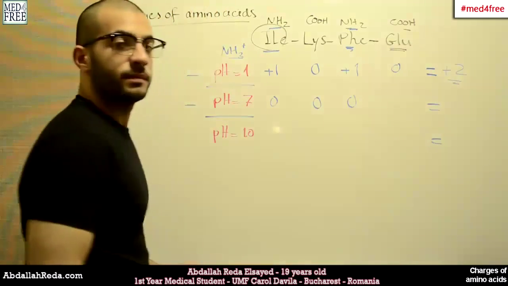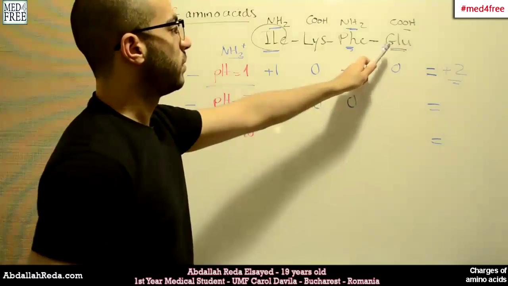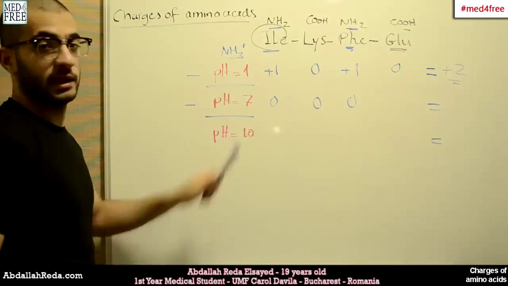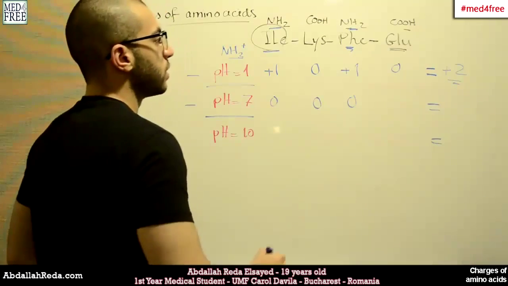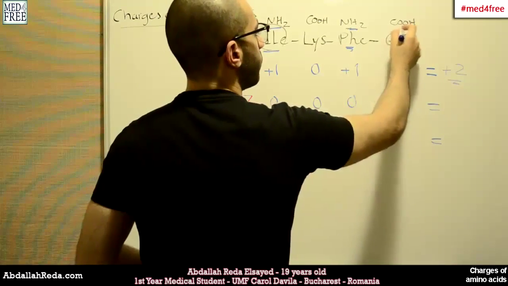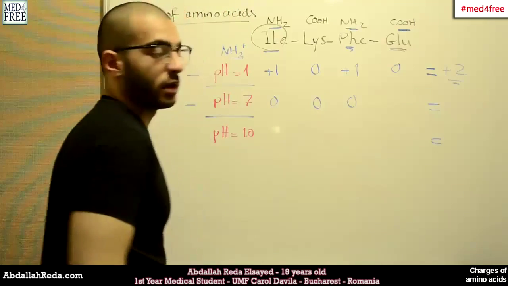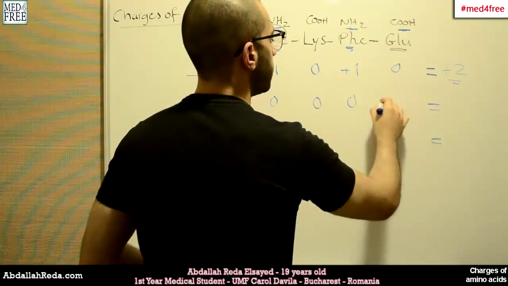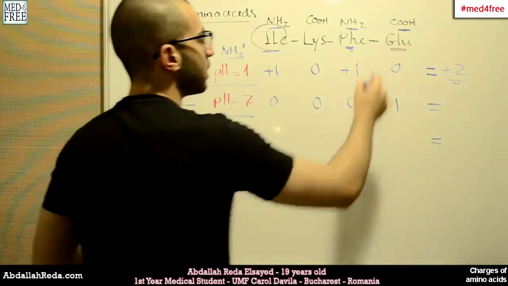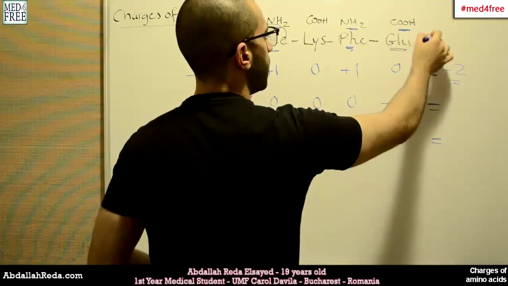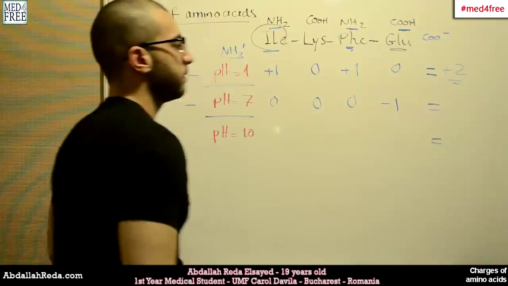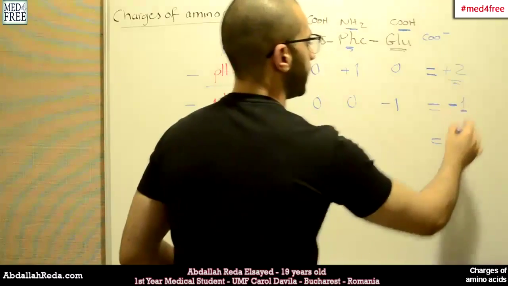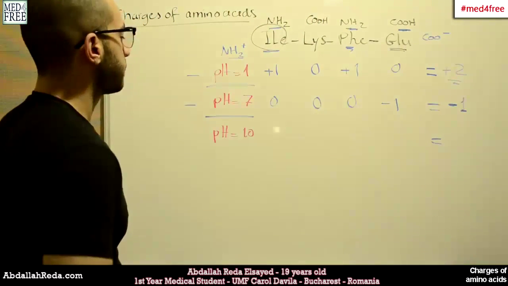Glutamine has a pI of 3. 3 is less than 7, so the proton here attached to the carboxylic group will be lost, and we will have a -1 because the carboxylic group will become a COO negative. So we'll have a -1. So the total charge will be a -1.